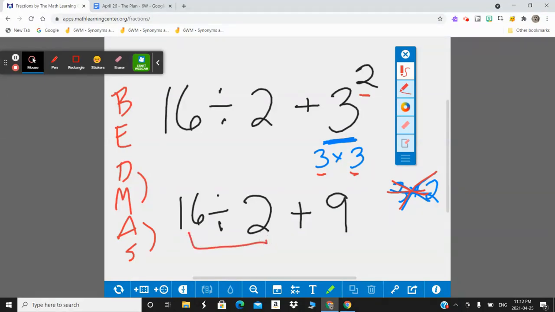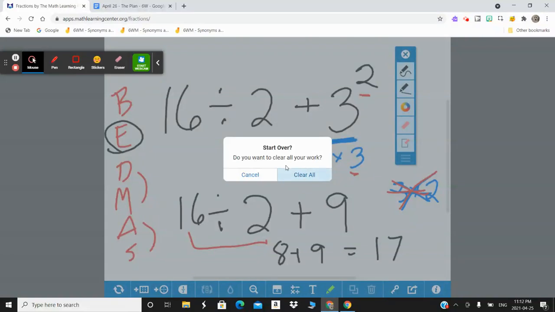So I have a division here, and 16 divided by 2 is 8, plus 9 gives me 17. So that's where your exponents come into play sometimes. Okay, what I'd like you to do now is on the Google form, you have a few questions working with exponents, and let's give it a try.